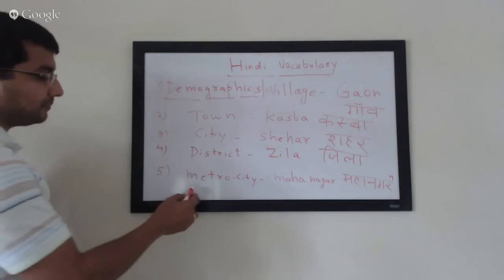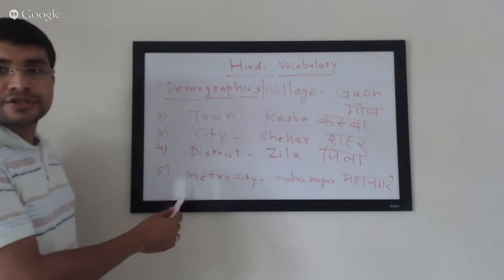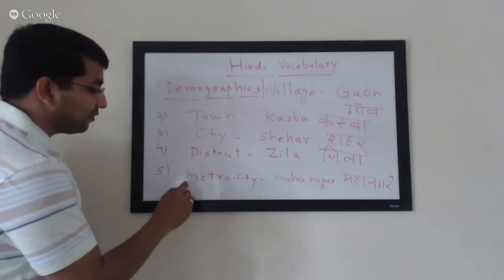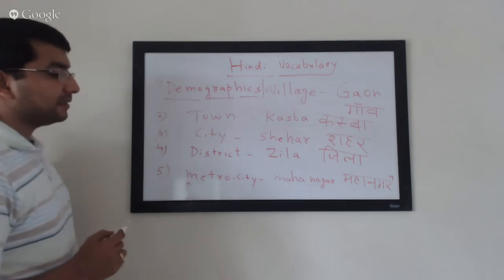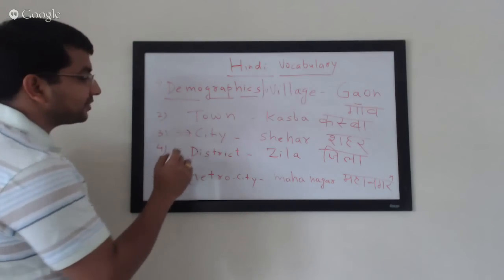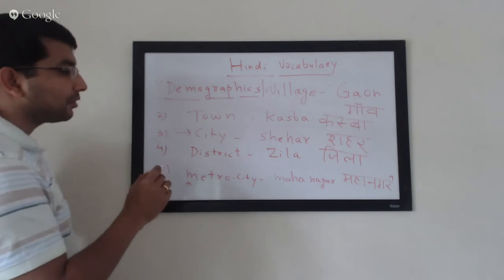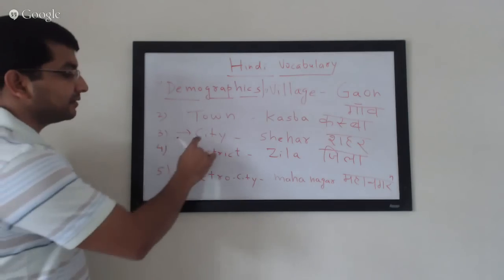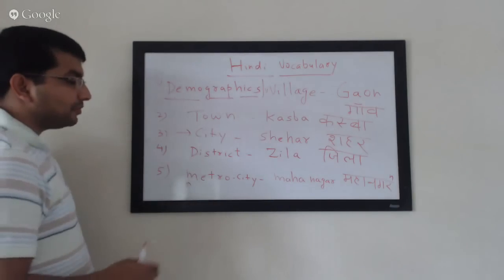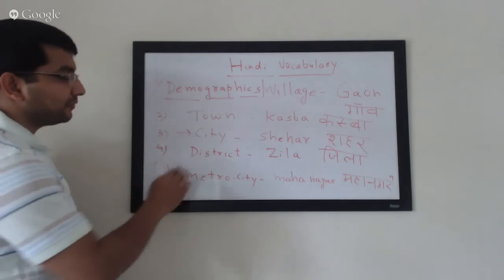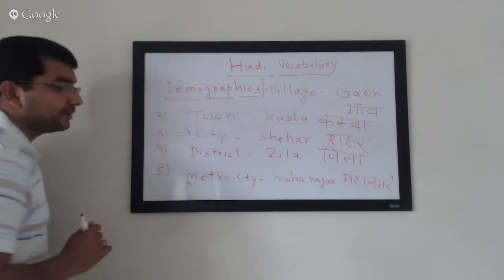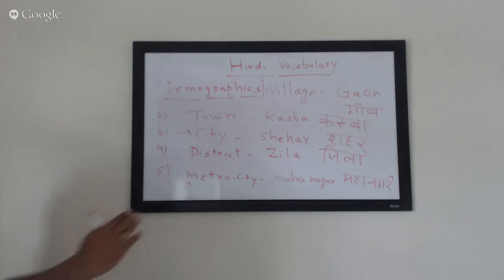So all the metropolitan cities in India such as Delhi, Calcutta, Bombay, Bangalore, they will fall into this category, metro city, Mahanagar. Whereas all the major cities such as Jaipur, Indore, they will fall under the city. Even if you talk about the US, the New York will fall into the city. There are some cities which are definitely bigger than the district. So those are the five.